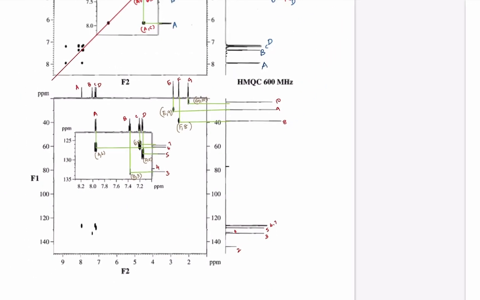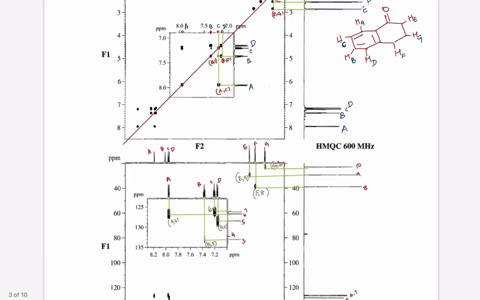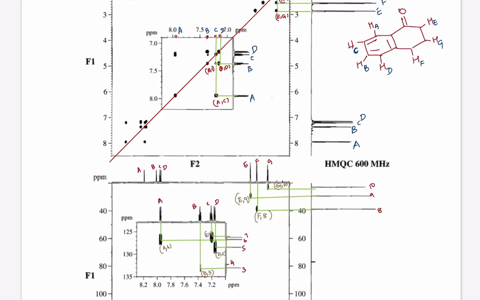Now let's also assign the carbons here. So HG carbon is connected to carbon 10. So this carbon should be carbon 10. And on E, this carbon is going to be carbon 9. And then F8, so that's going to be carbon 8.